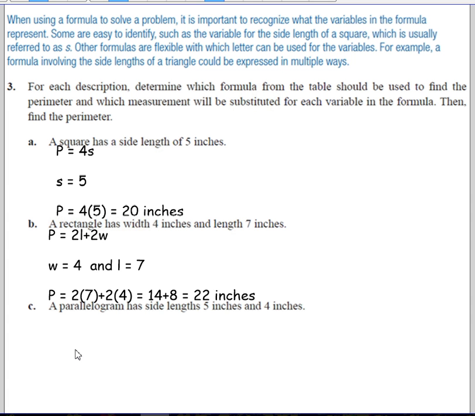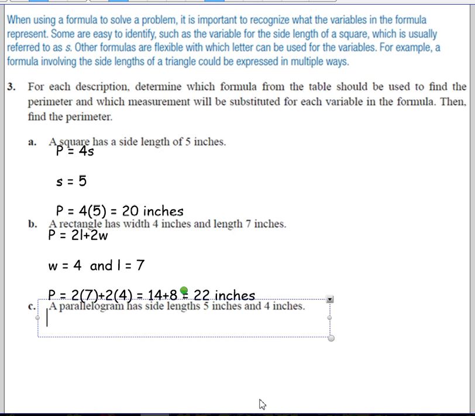Remember, for the parallelogram they used A plus B plus C plus D for our formula, but I mentioned that the opposite sides are the same, so our A and our C could be the same values and our B and our D could be the same values. They could have really used a formula similar to the rectangle, but let's go ahead and put it down in the form that they gave us for our formula.